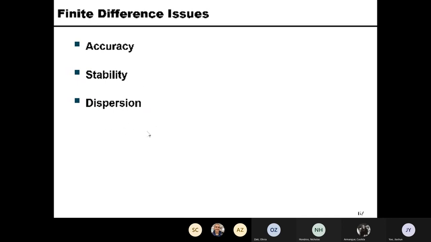The third thing is called dispersion. That means delta x and delta t are not arbitrarily designed; you must follow something. What's called dispersion here means numerical dispersion.